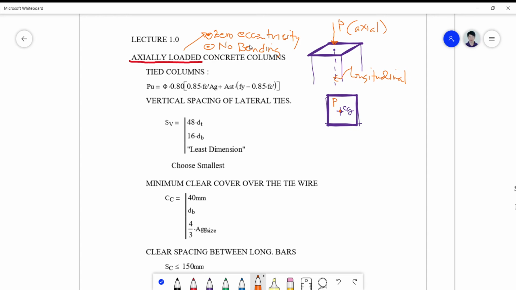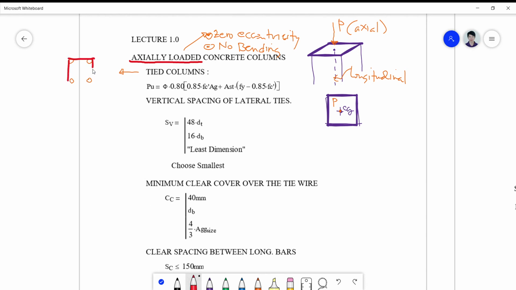Okay, so there are some types of columns according to the way the reinforcement are placed. You call the first one a tied column. A tied column consists of reinforcement that are tied together by what you call lateral ties.